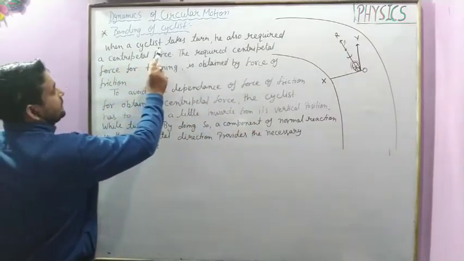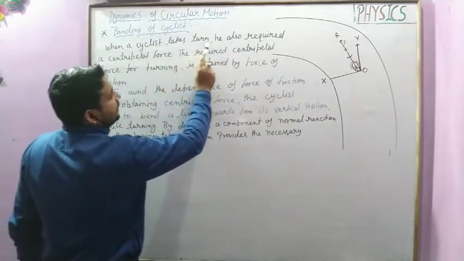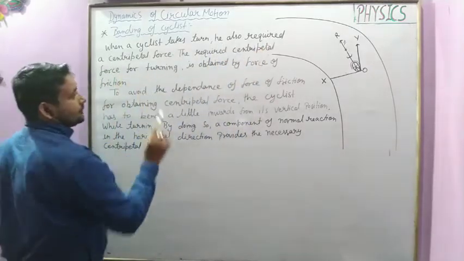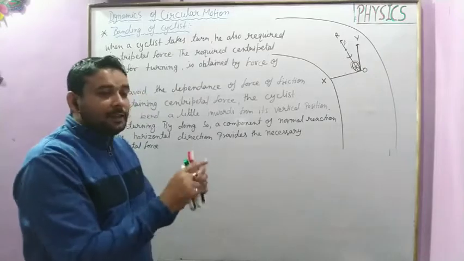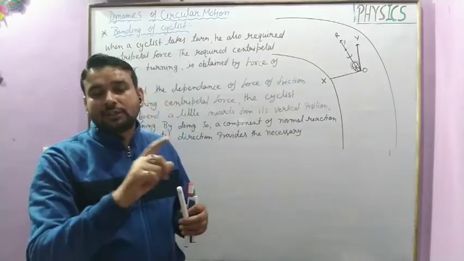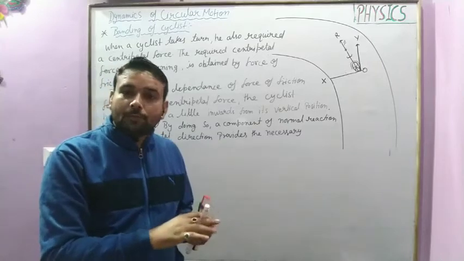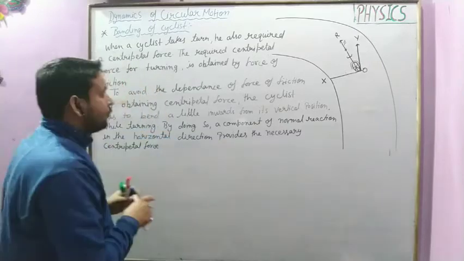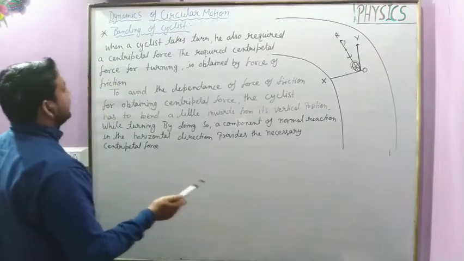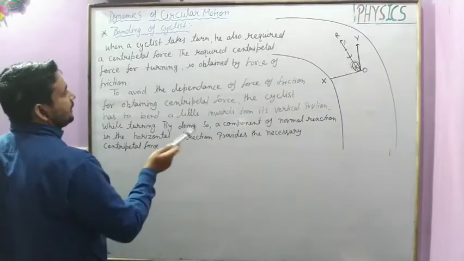When a cyclist takes a turn, he also requires a centripetal force. As you know, anything moving on a curved road or a circular track requires a centripetal force to turn in the circular path.